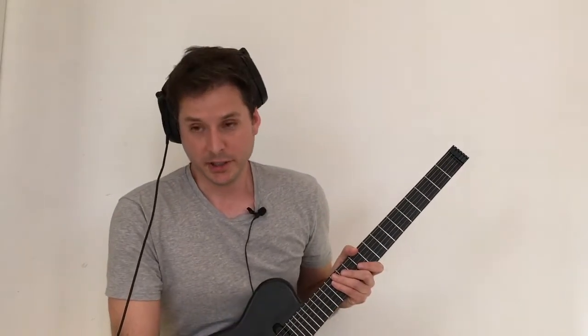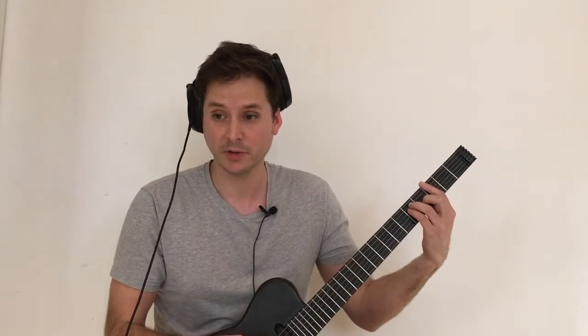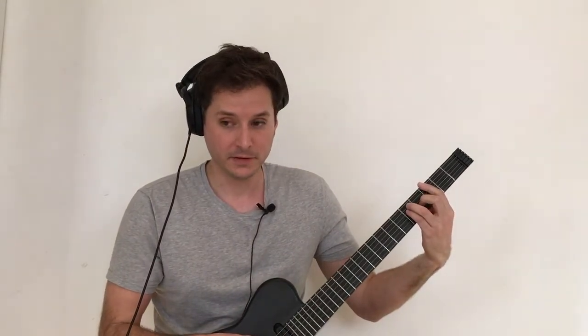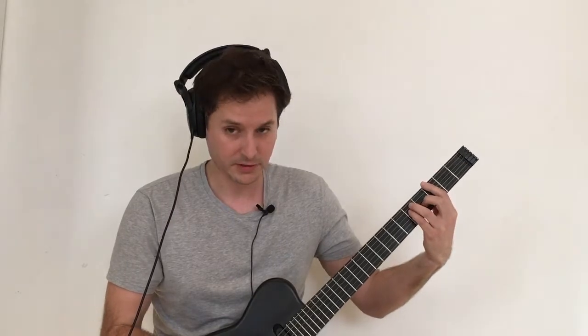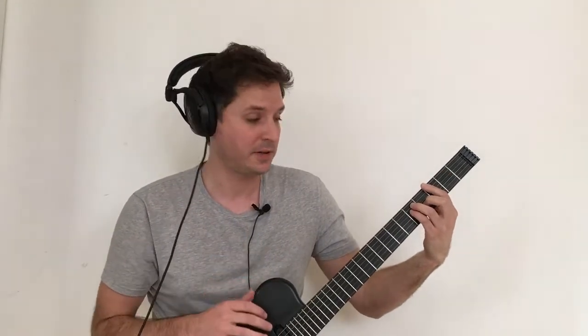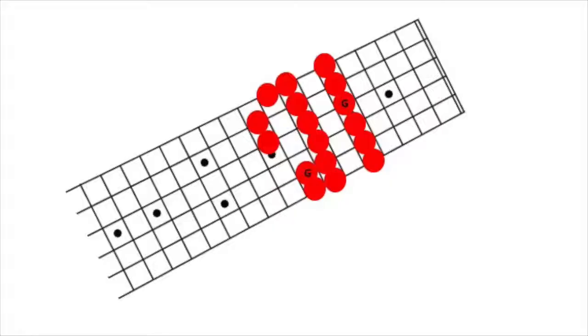The second shape. So we'll be using again G for an example. All right. So the first shape we learned is on the 3rd fret. The second shape is going to be up 2 frets, and this shape is a little bit different.